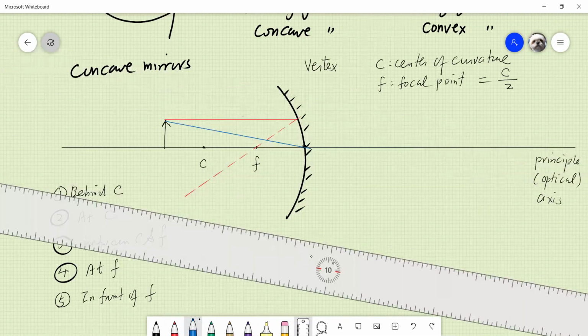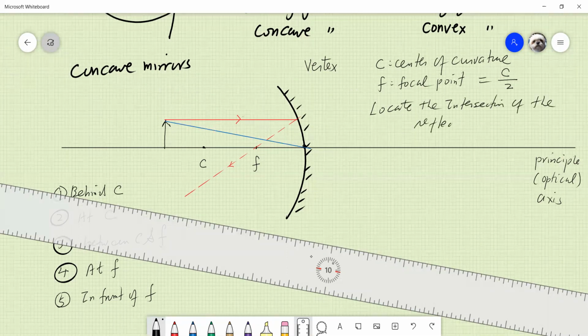Keep in mind, I'm using the dashed line to represent the reflecting light. The solid line is the incident light, the dashed line represents the reflecting light. The whole idea of the graphical method is what? Locate the intersections of the reflected rays.